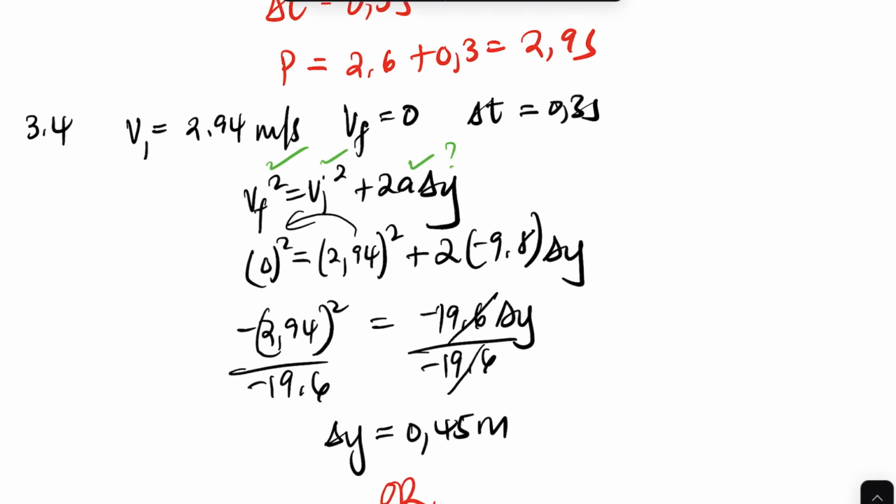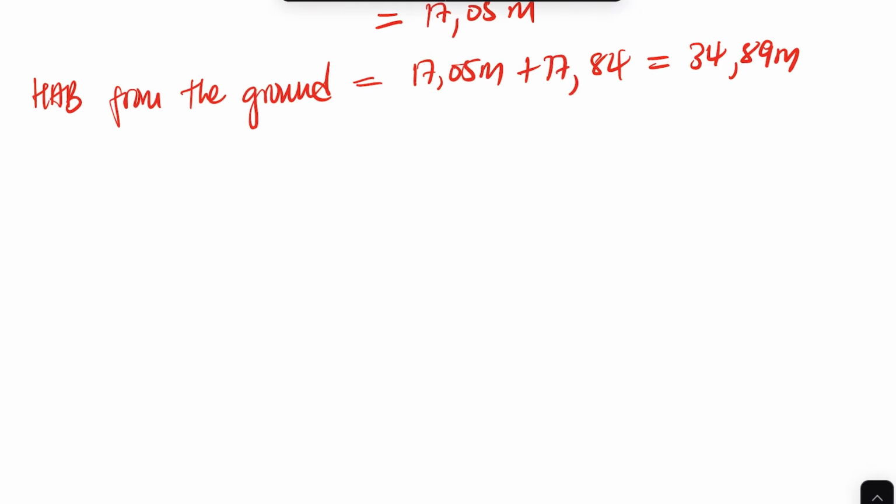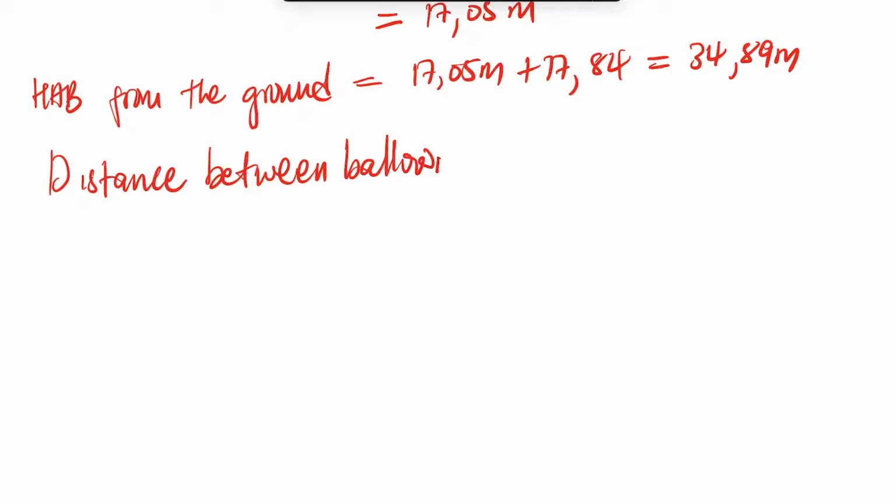So now the final answer: distance between balloon and ball is, so the distance between them, we subtract, we say 34.89 minus 0.45.